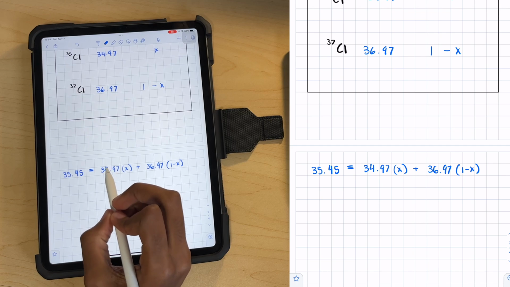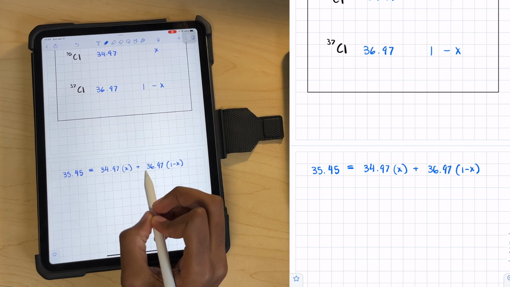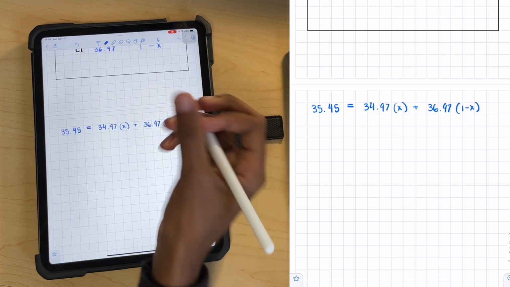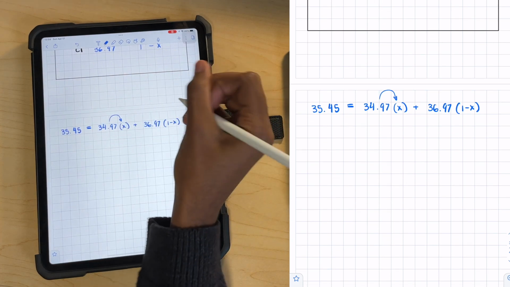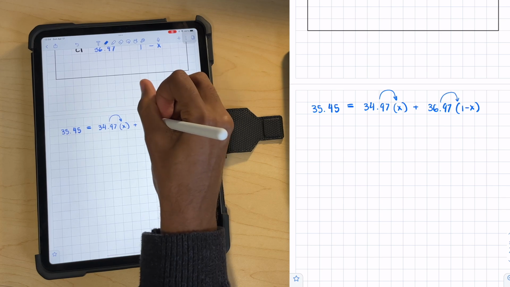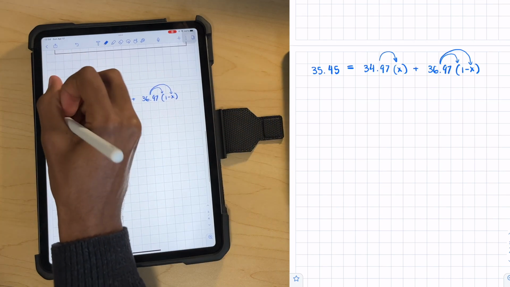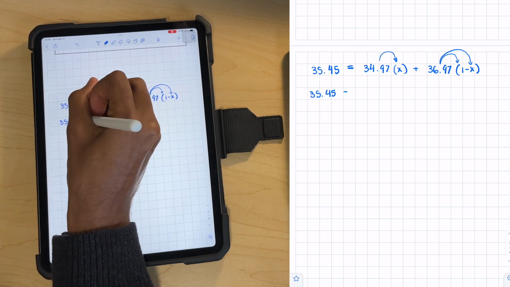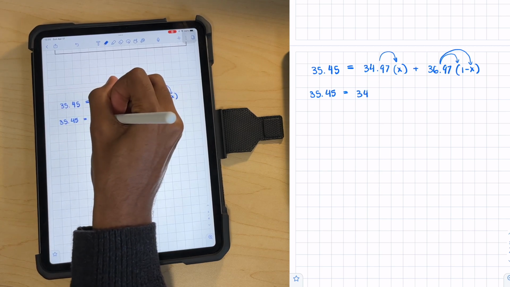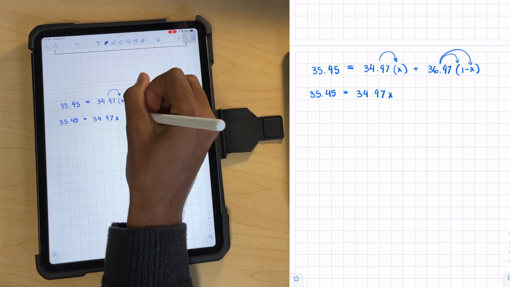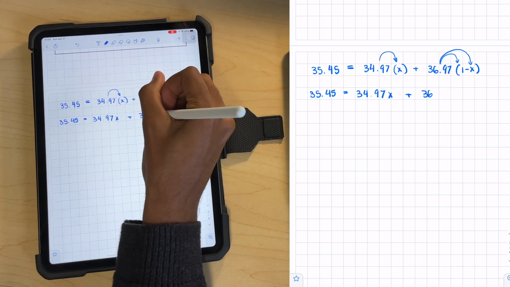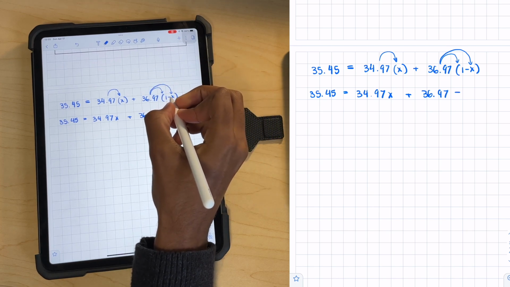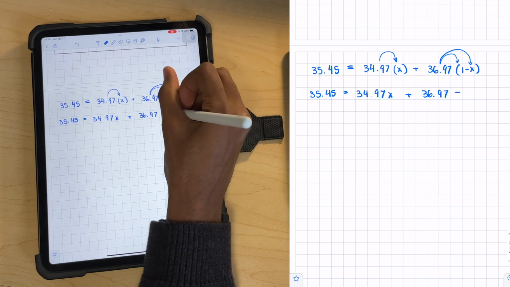We distribute 34.97 to the X, and then distribute 36.97 to the 1 and the X. Now our new equation looks like this. Since this is a negative X, we have to distribute the negative with this new number.